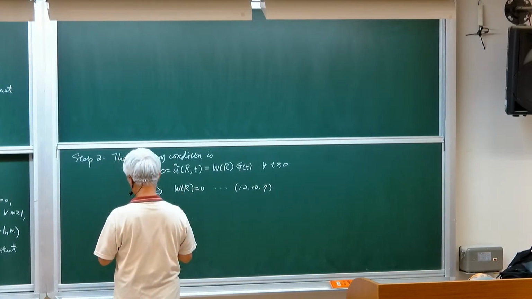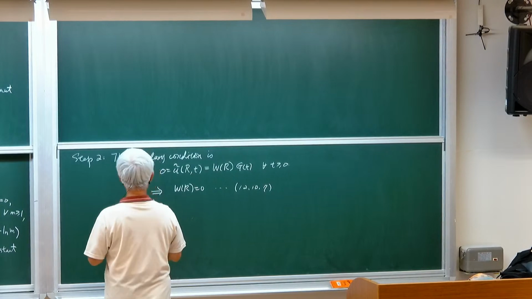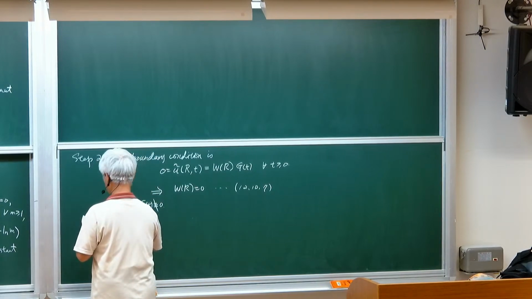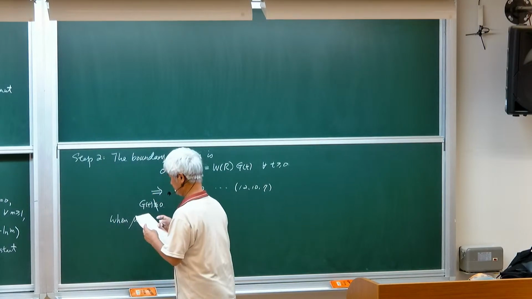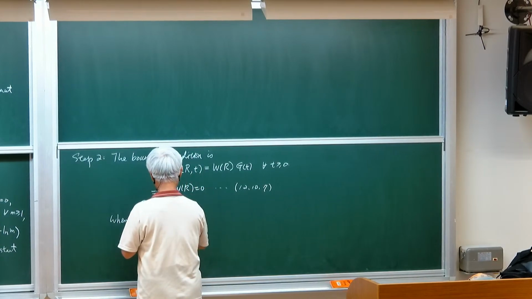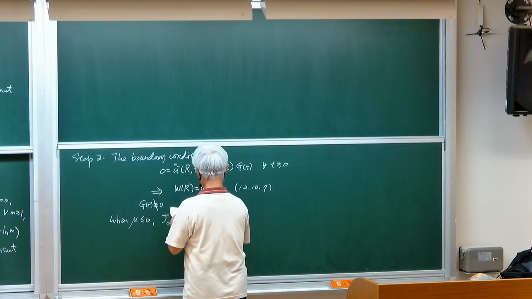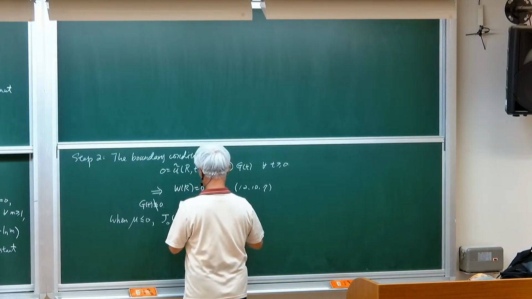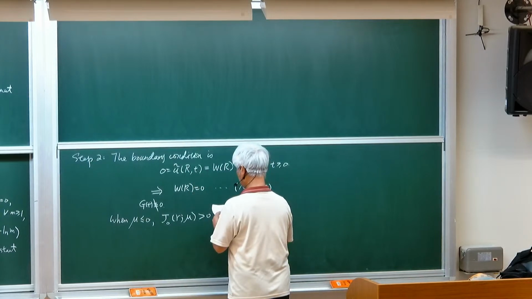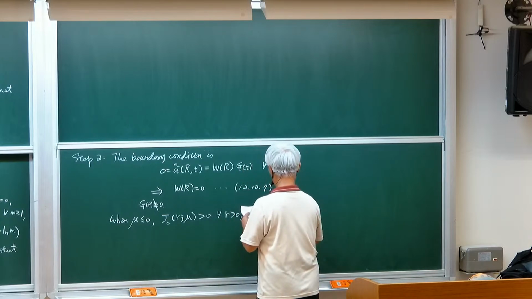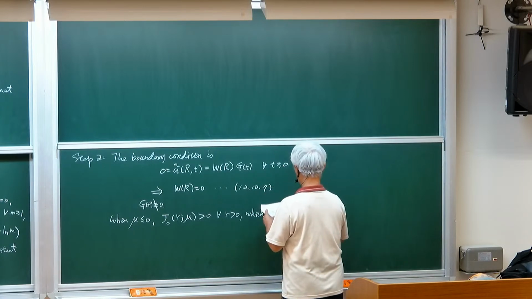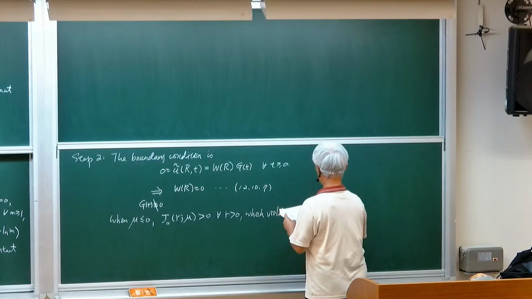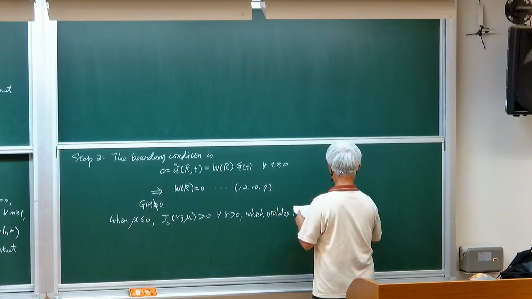Now when mu is less than or equal to 0, J0(r, mu) will be positive for all r positive, which violates the boundary condition in 12.10.7.